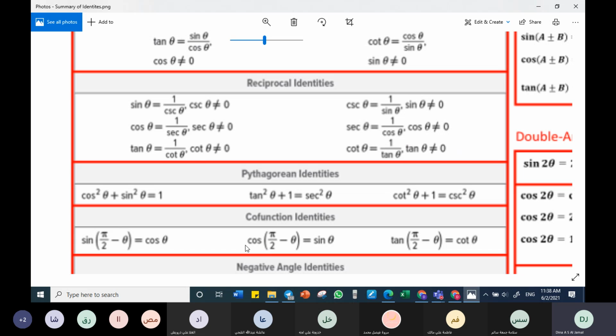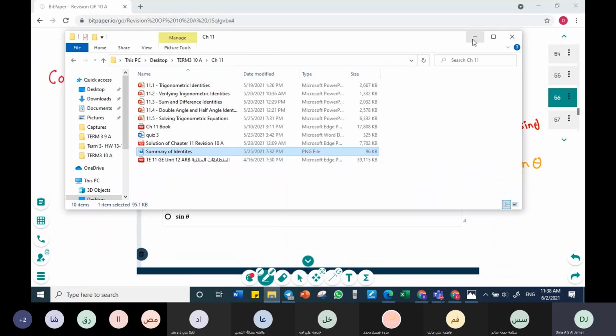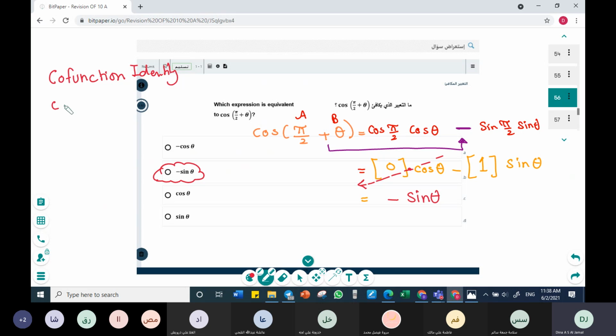Whenever I have cosine of pi over 2 minus theta, I have sine theta. Now he is putting plus. So remember, you will always be changing the sign. So you can understand it whether from the co-function or from solving. So cosine of pi over 2 minus theta was all about sine theta. But pay attention, now I changed the sign, so the sign outside will be changing.